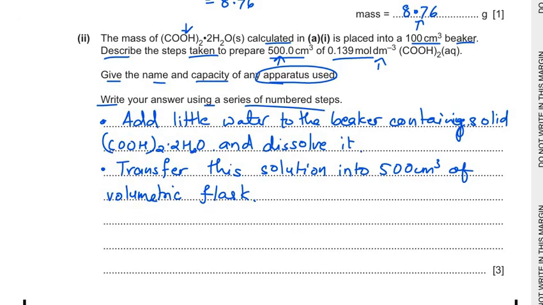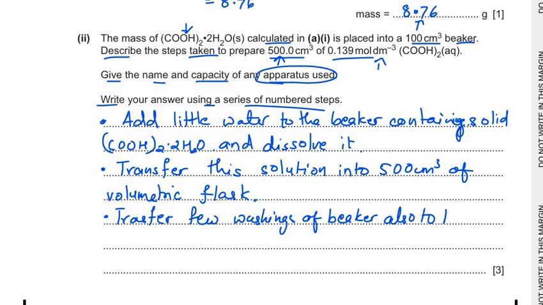After transferring this solution, transfer a few washings of the beaker also to the flask, that is the volumetric flask. Now top up, or you can say fill up, to the mark.